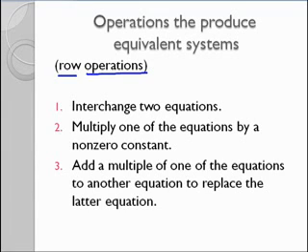Or you can change all of the signs. Or you can divide by 3. Another thing you can do is, after you multiply the equation by some number, you can add it to another equation and then replace that equation with it. So these are our approved row operations.